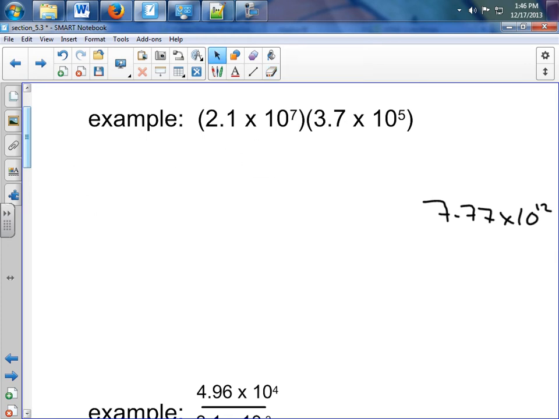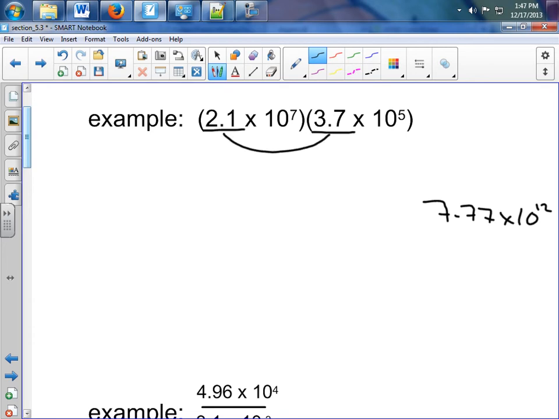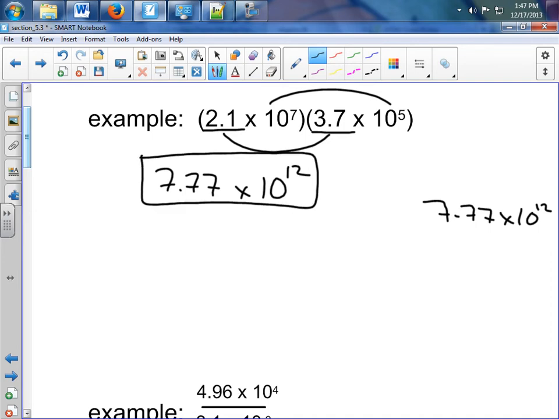You take these two times each other, and hopefully you get 7.77. Now you multiply the tens. The bases are the same, so what do we do with the exponents? Add them. And that's how you multiply really big numbers.